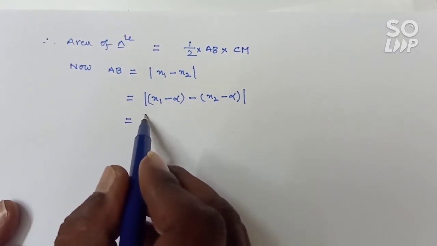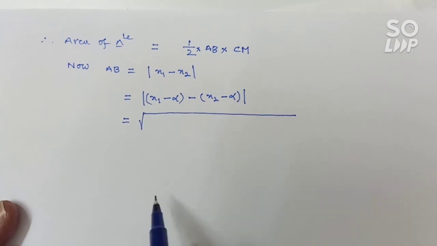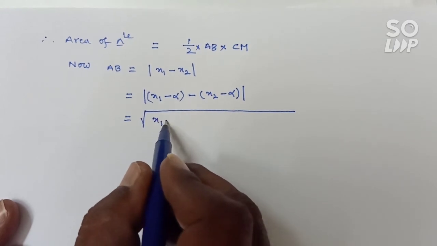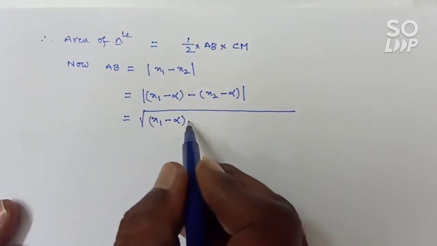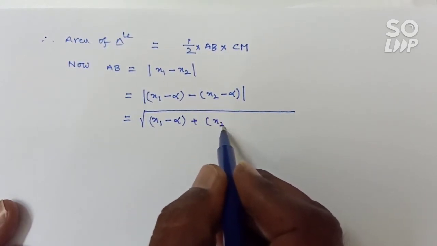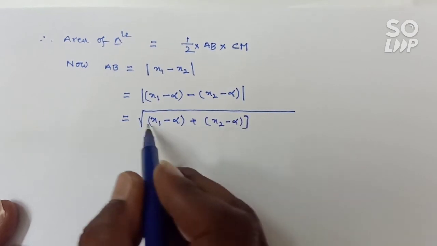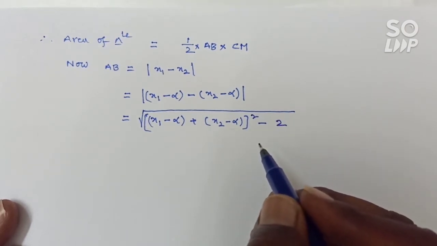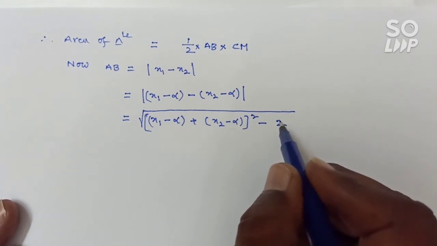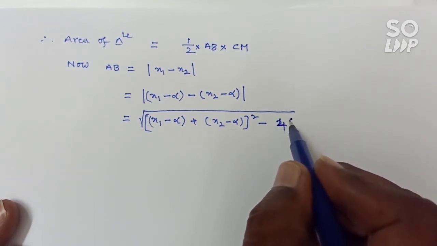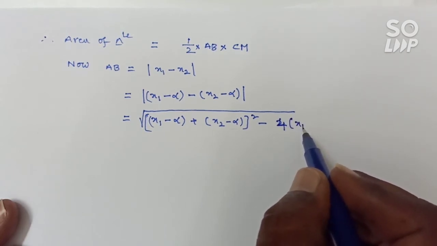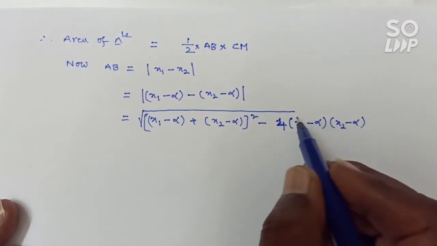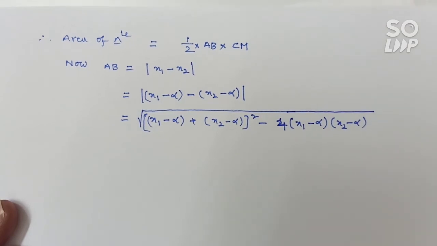This one we can write, a minus b expression will be square root of (a plus b) whole square minus 4ab, that is (x1 minus alpha plus x2 minus alpha) whole square minus 4 into (x1 minus alpha) into (x2 minus alpha). So this one is the required value.